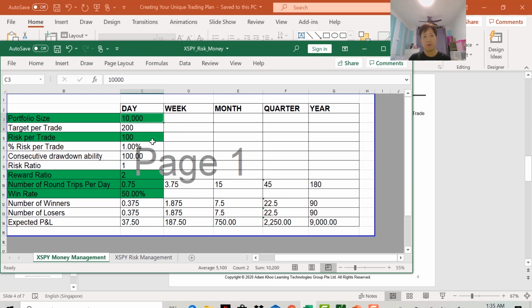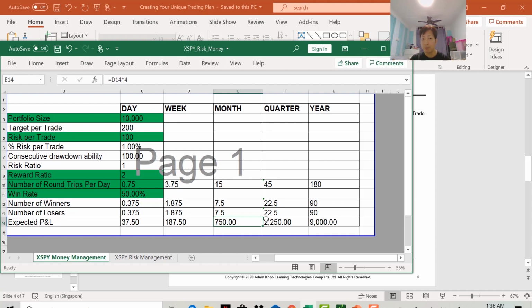With this kind of configuration, I'll be looking at making $750 per month. That means I'll have 15 trades, I'll win about half, 7 to 8 trades, and lose 7 to 8 trades. Overall, by risking $100 per trade, I expect to make $750 when I follow my trading plan.